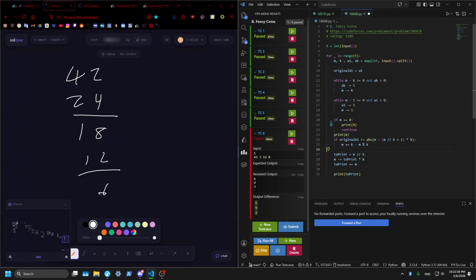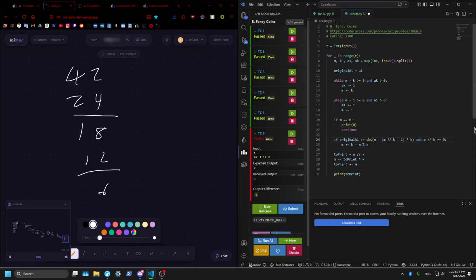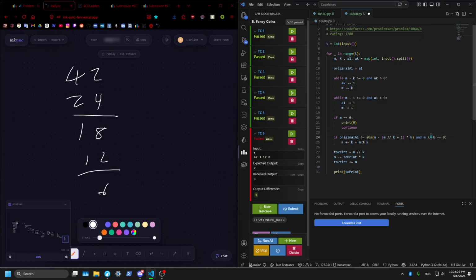Yeah, so we don't want to rebalance at all. If is 6. Shoot, I need to use mod here.